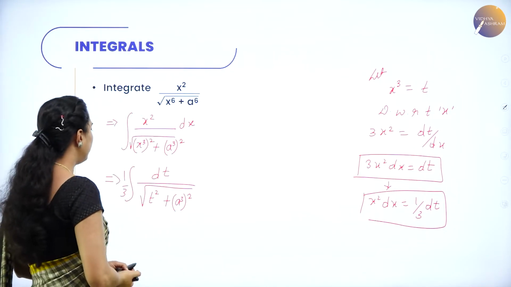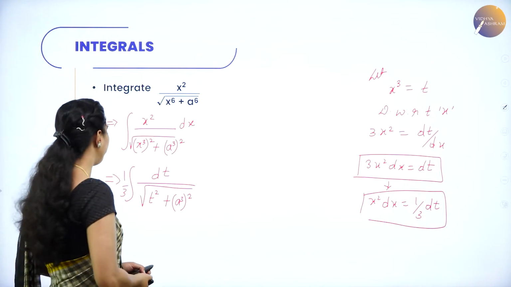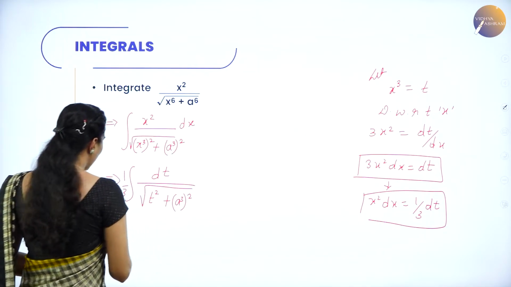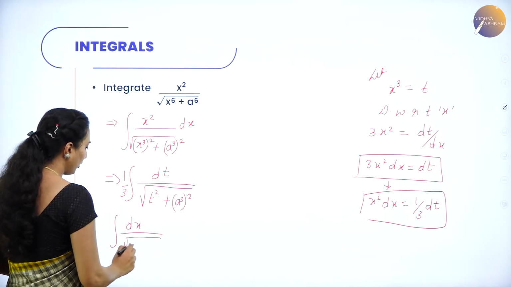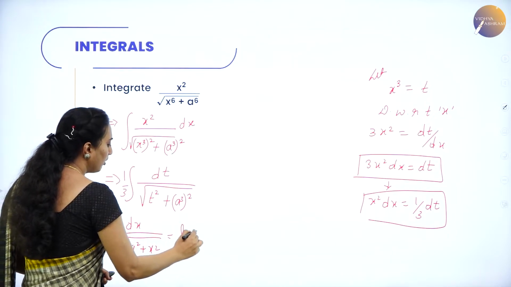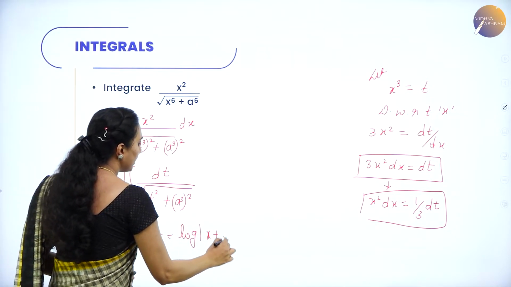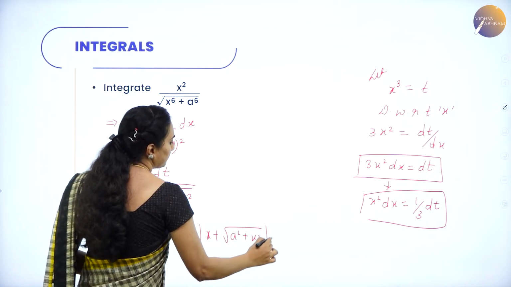According to the formula, dx divided by under the root of a squared plus x squared is given by log modulus of x plus under the root of a squared plus x squared plus c.